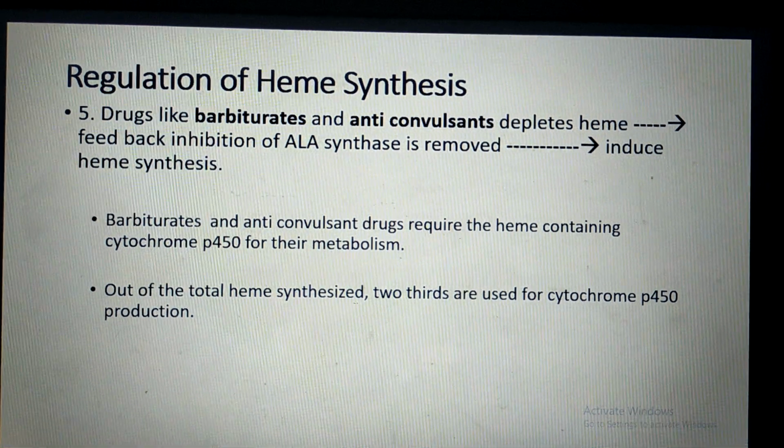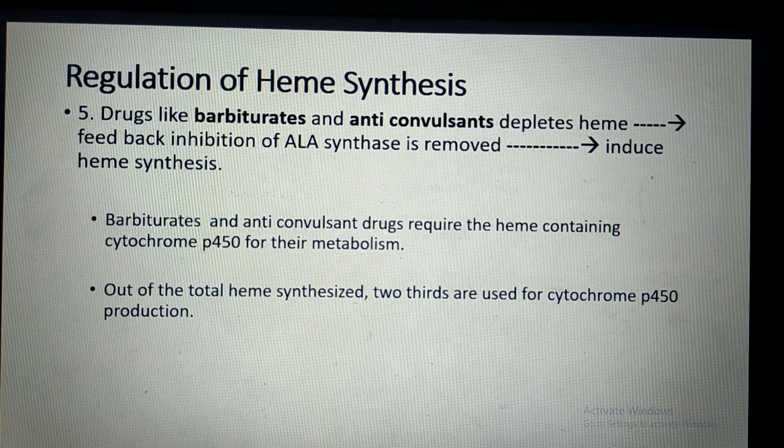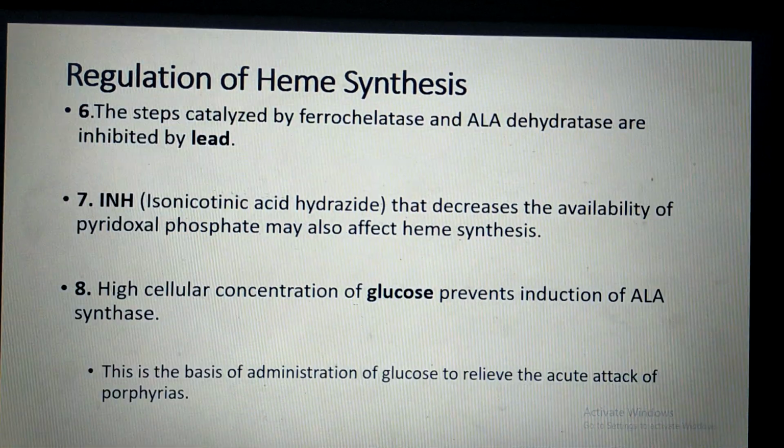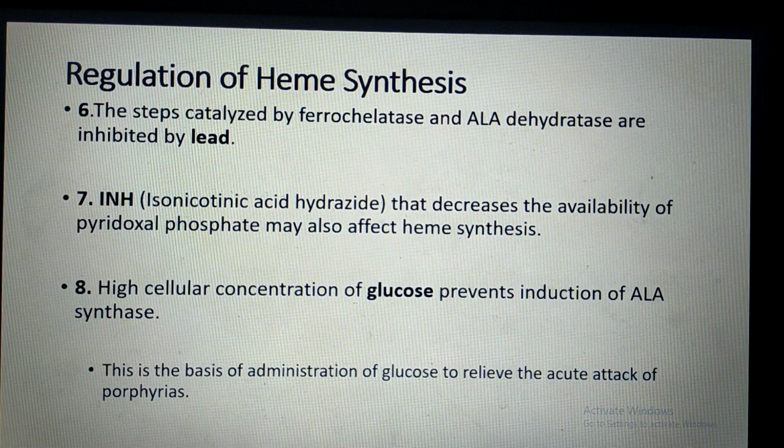So cytochrome P450 is an important enzyme system required for metabolism of various drugs in our body, like barbiturates and anticonvulsants. We have already studied the mechanism.